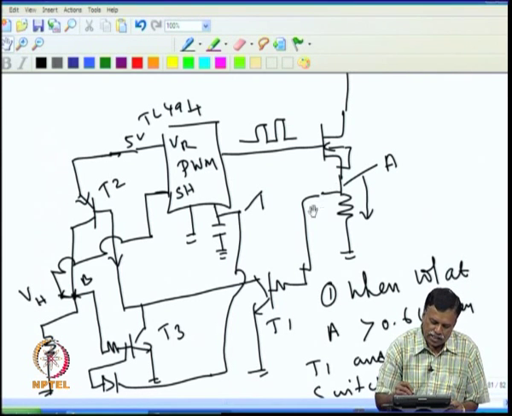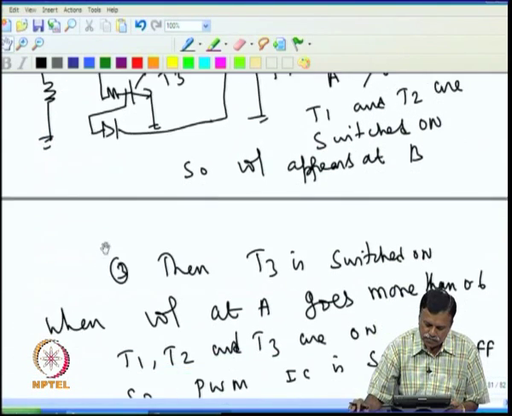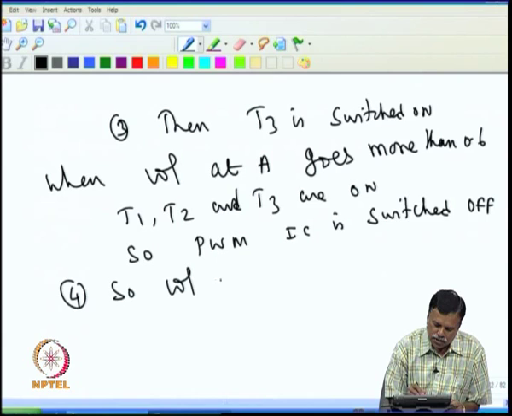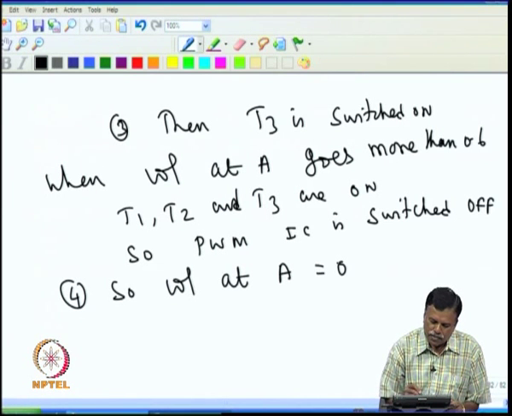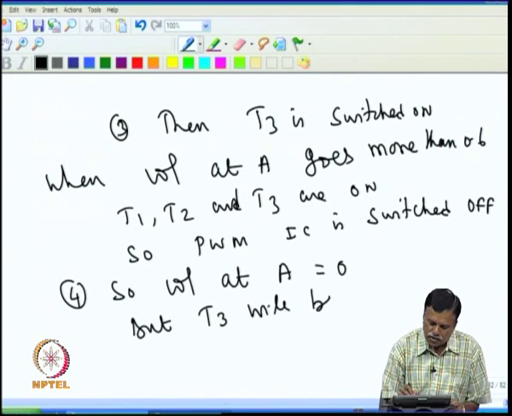Even if voltage at A disappears, it does not matter, since D3 is on, T2 continues to conduct and B will remain there. So the fourth point is, voltage at A becomes 0, but T3 will be continuously on.